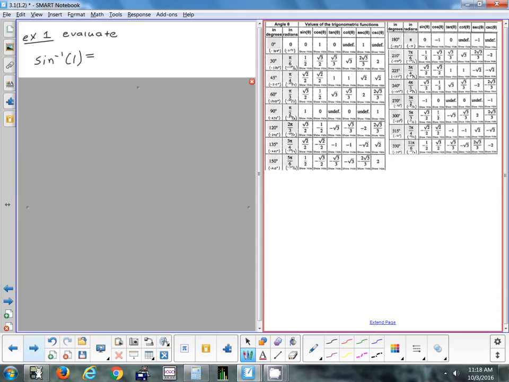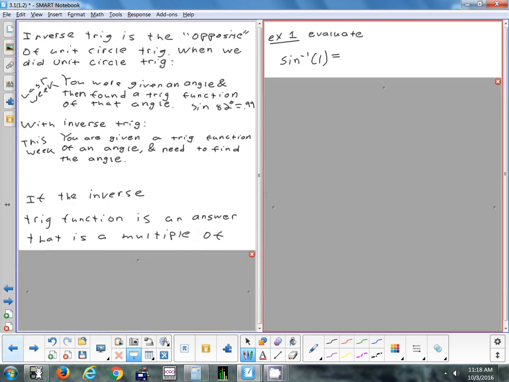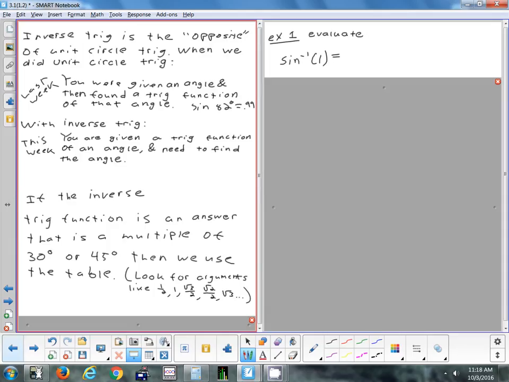Yeah, they're all multiples of 30 and 45. You won't find angles that are not multiples of 30 or 45 in this table. So if the angle that you're working with is a multiple of 30 or 45, then we're going to use this chart to figure it out.